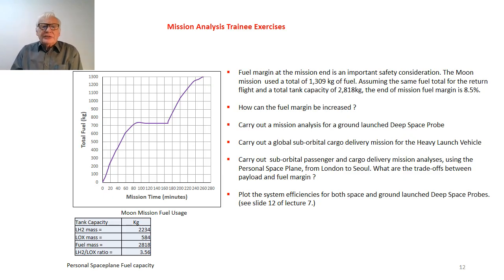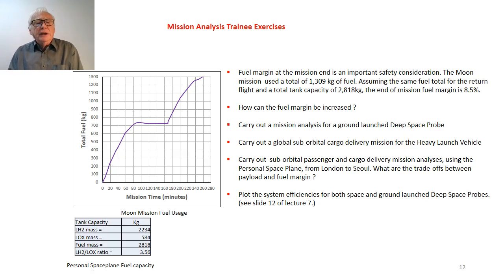So if we look at what we can learn from these mission analyses, first of all, let's look at the moon mission analysis. One of the interesting things is how can we make these moon flights as safe as we can? And one of the parameters we need to look at for this is the fuel margin.